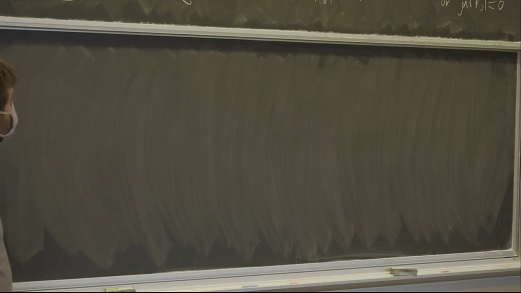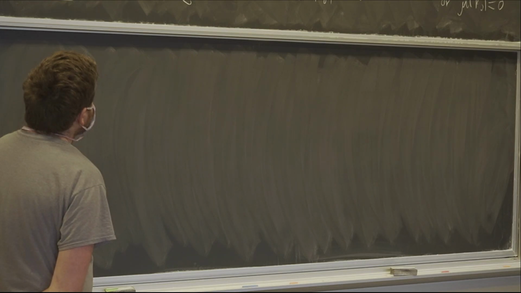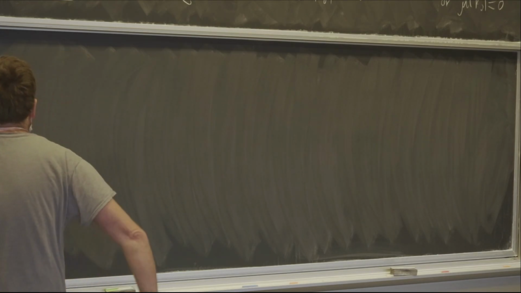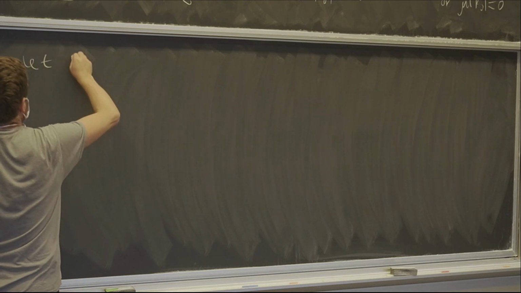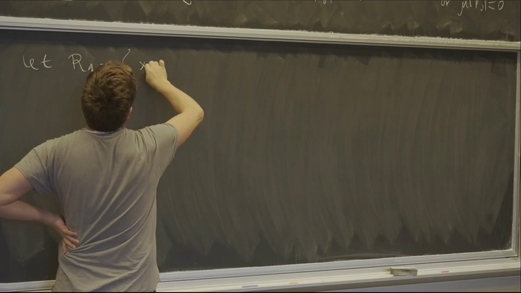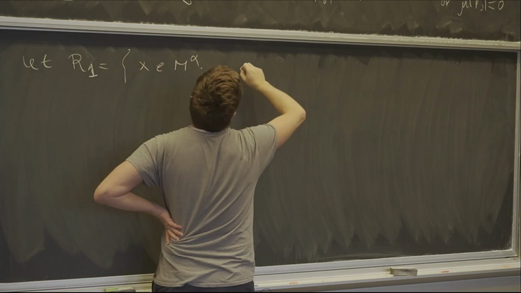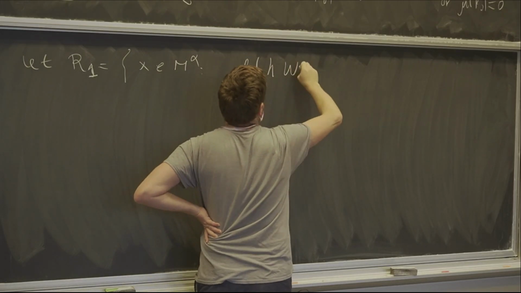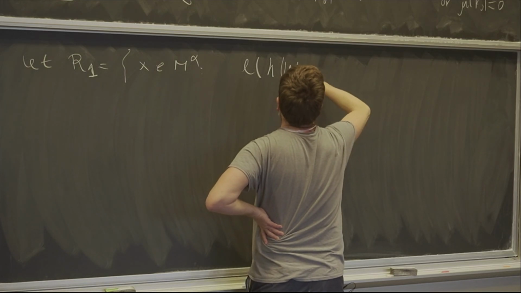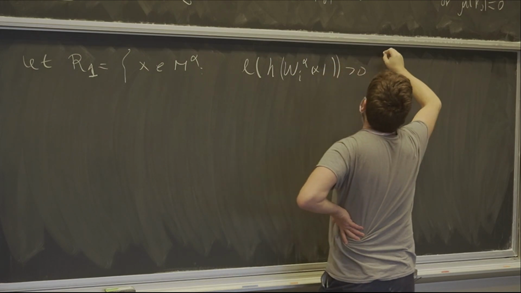Okay, now let R1 be the set of points X in M alpha such that the length of H of W by alpha of X is positive.